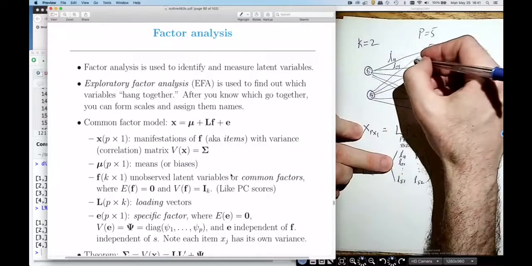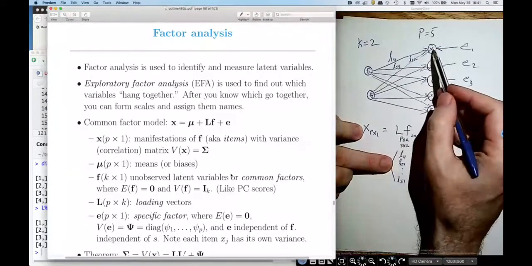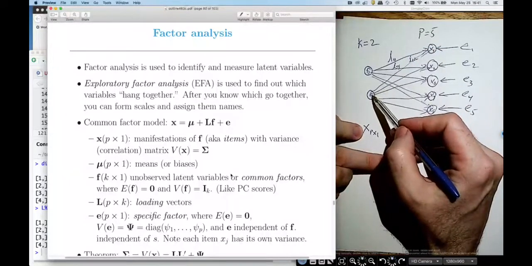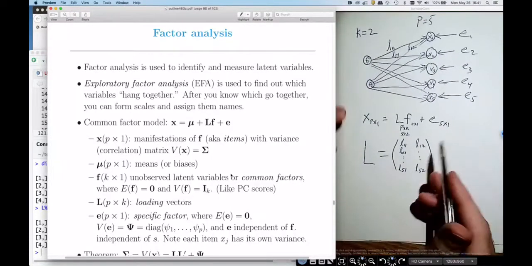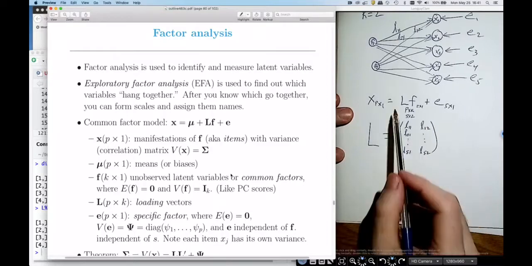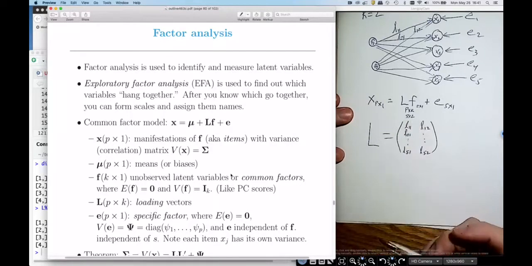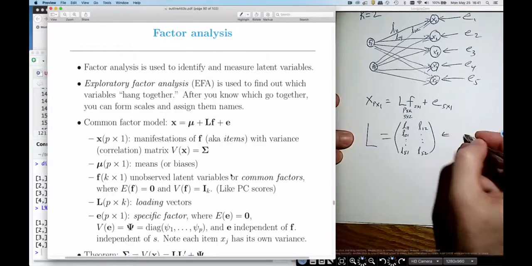While this line right here is going to represent L12: how does the first variable get affected by the second factor? All right, so that's the basic picture of my model. Now I have a whole lot of assumptions that I'm going to be making about the terms in this model. These loading vectors are fixed constants.